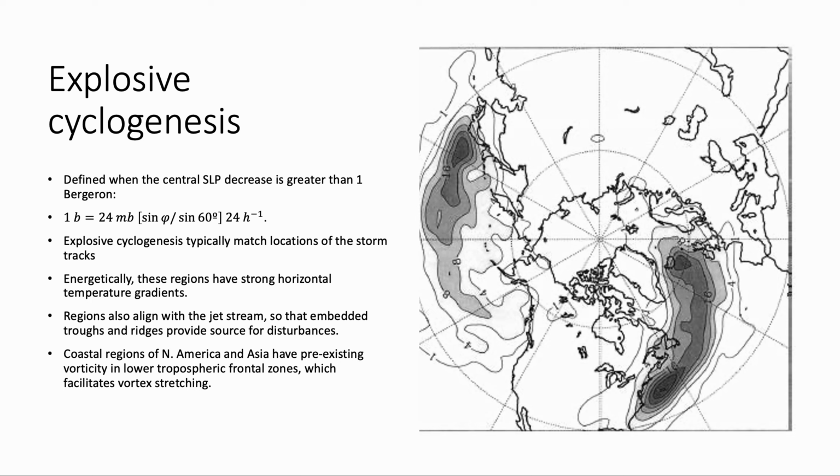This is a bit of a popular topic, I guess. Sometimes people talk about bomb cyclones, explosive cyclones. This is nothing other than saying that there was a cyclone that developed really fast.